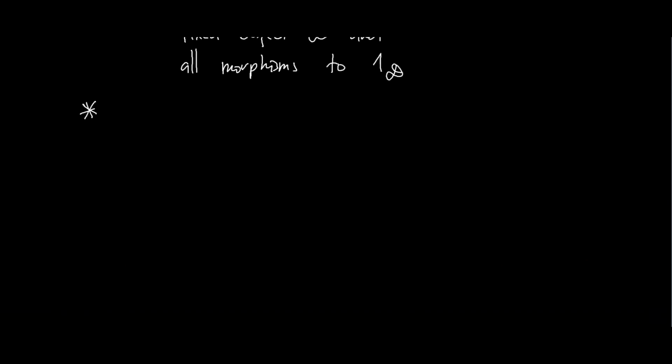What about the category of matrices that we looked at in the previous lecture?